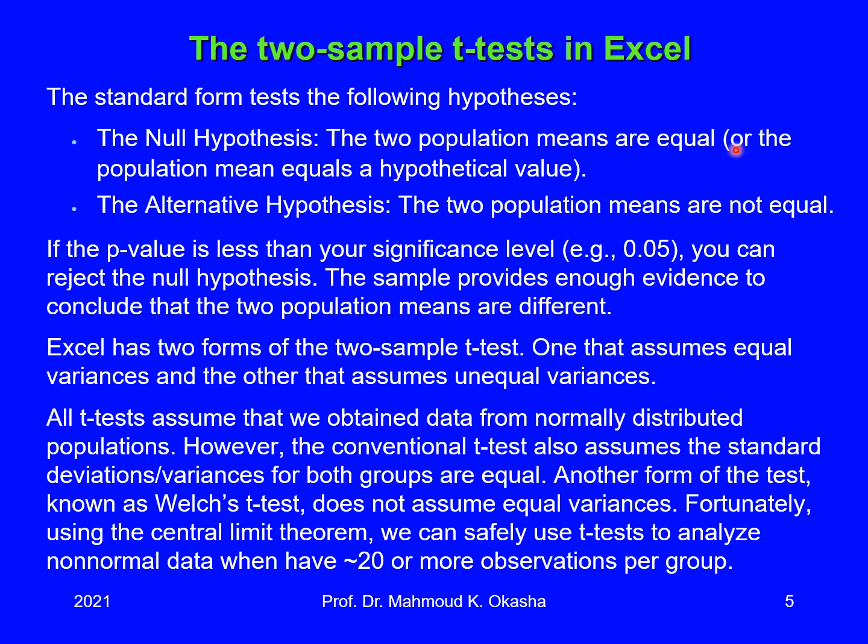If the two population means are equal, then the difference equals 0. But it could be in some cases not 0, but we will not concentrate on this case.